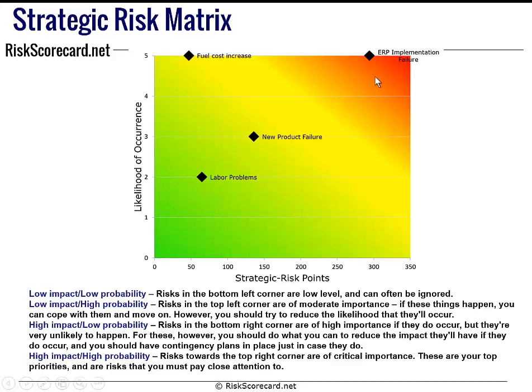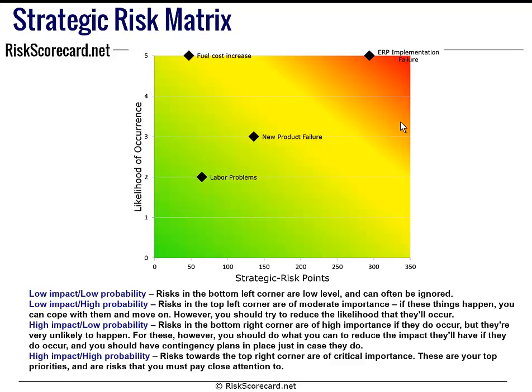So in this case, you'll see that the ERP implementation failure goes in the top right-hand corner of the highest likelihood of occurring and with the highest strategic impact. This allows us to quickly align which risks we need to pay attention to.